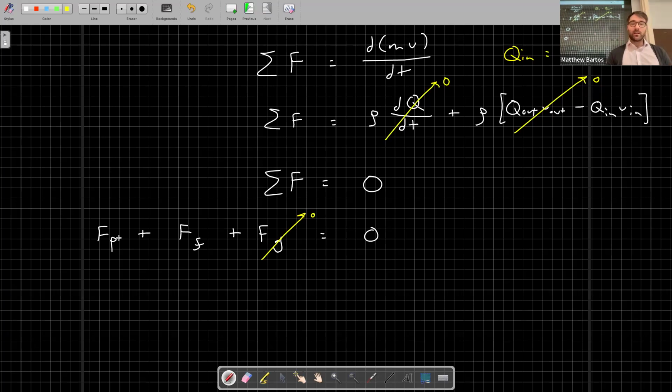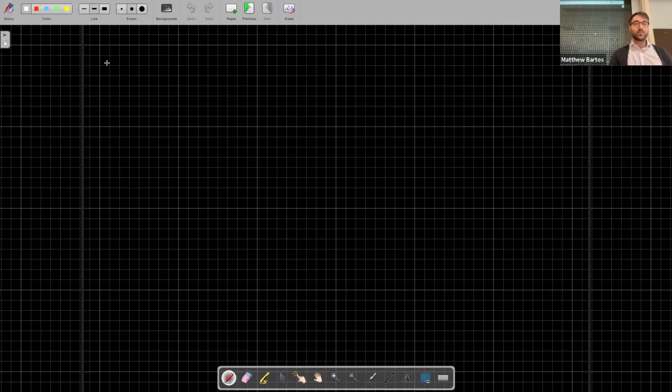All right, so let's go ahead and write expressions for the pressure force and for the frictional force. I'm going to advance to the next slide just so I have enough room. The pressure force plus the frictional force is equal to 0.